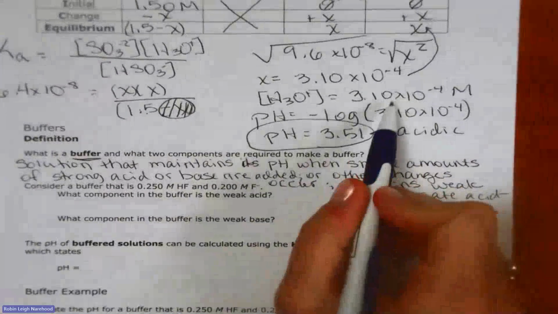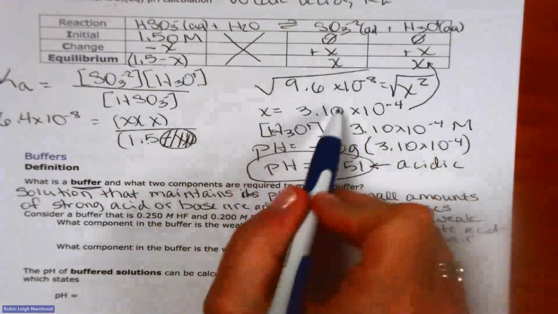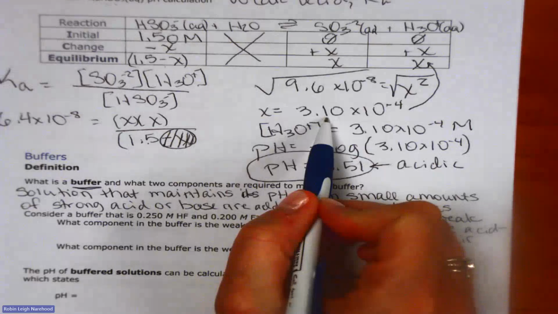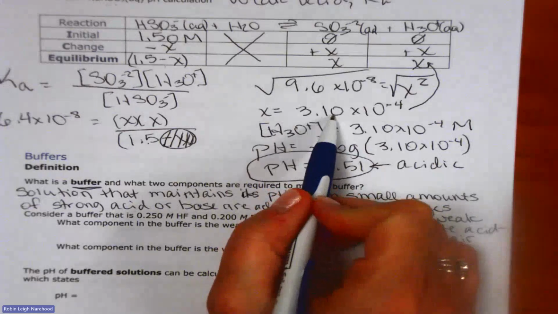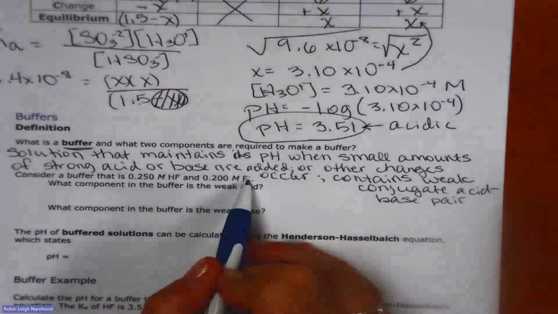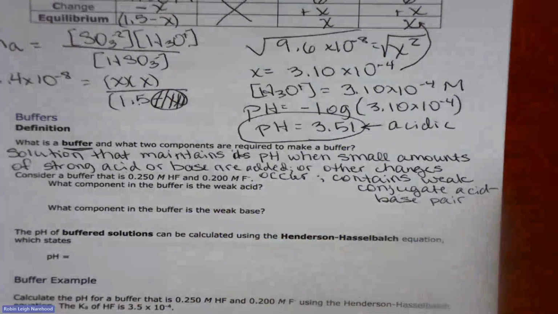If we go back here, this is the amount of sulfite that's created. We cannot measure 3.10 times 10 to the negative 4. This is not a measurable amount of sulfite. Here, you actually added the fluoride and you added the HF. It wasn't created by dissociation. It's not x. It's actually been added to the mixture.